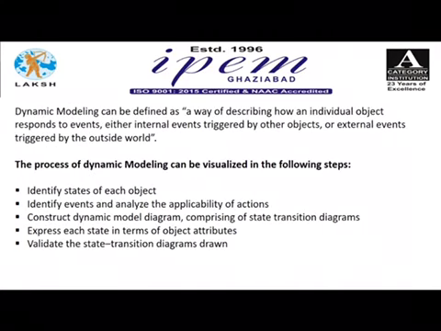Key points of dynamic modeling: identifying states of each object, identifying events and analyzing the applicability of actions. Third is constructing the dynamic model diagram, a state transition diagram. And last one is expressing each state in terms of object attributes.